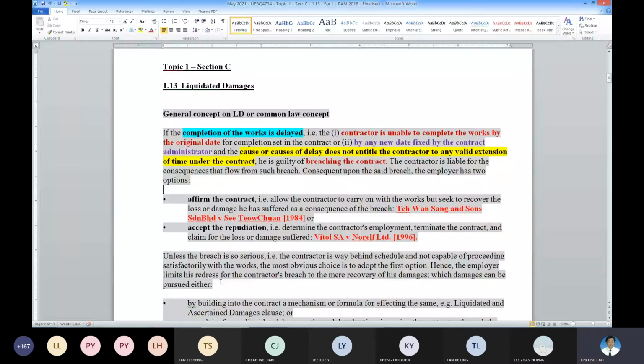So under the common law concept or general concept, the employer can continue with the contract. That means affirm the contract and then allow the contractor to carry out the work, but recover the money due to that breach. Okay, type 1.